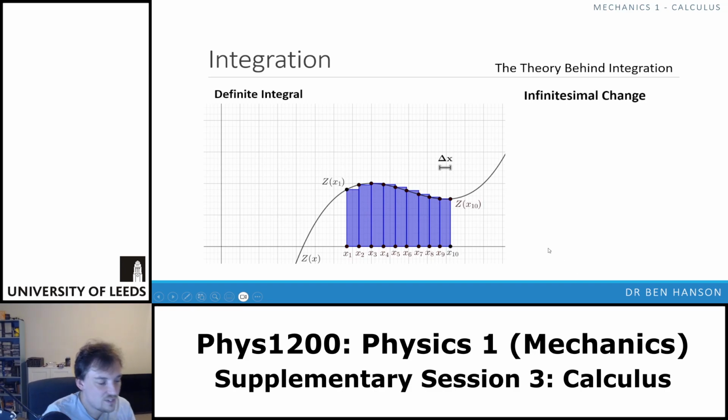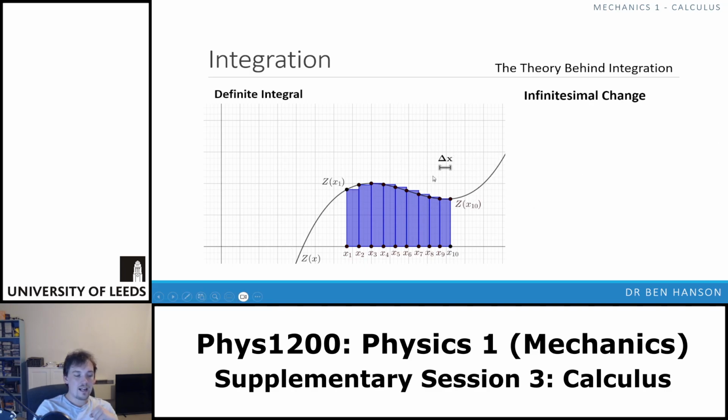Let's now make this an infinitesimal change. Just like we did in the derivatives one, in the gradients one, we're going to make delta x smaller and smaller and smaller. As we make delta x smaller, if we keep x10 the same, then we're going to need more slices to cover that same distance. More and more slices. And as we get more and more slices, the amount we're wrong here, we've underestimated here and overestimated here, the more slices we have, the smaller delta x is, the more accurate is our calculation of the area under the graph.